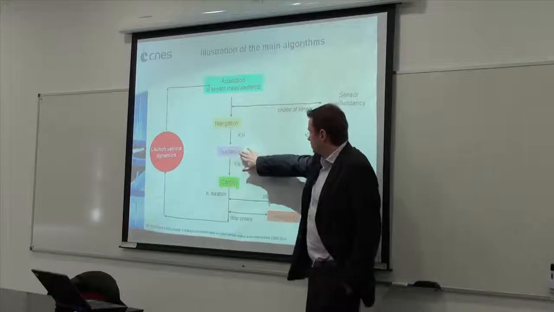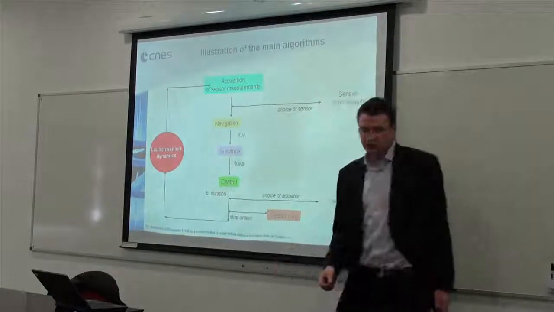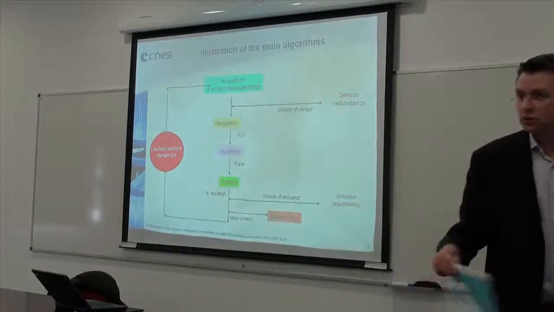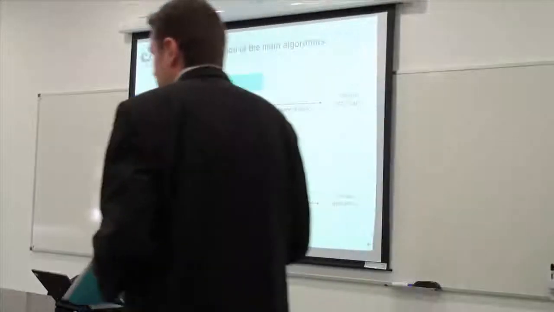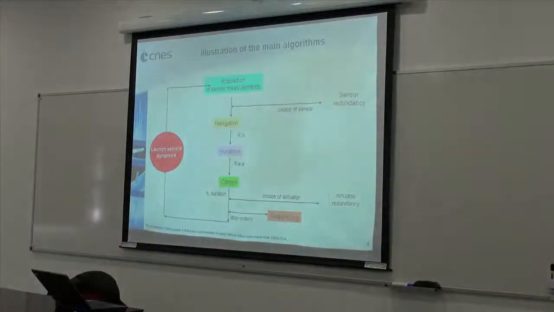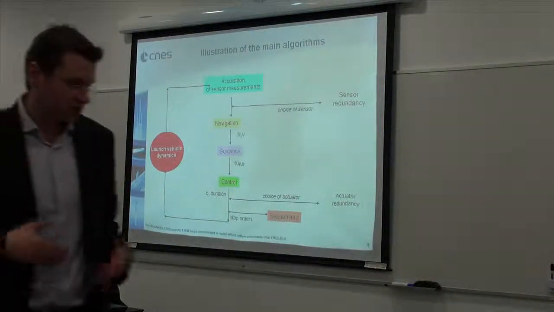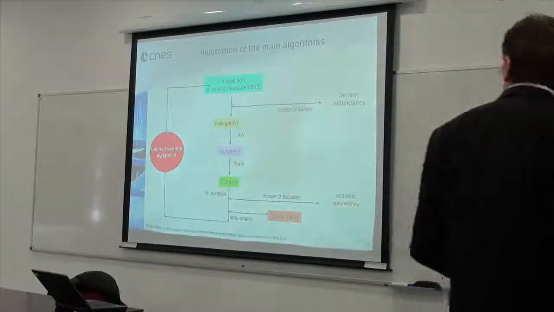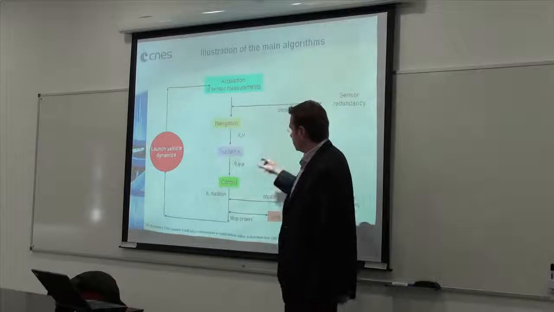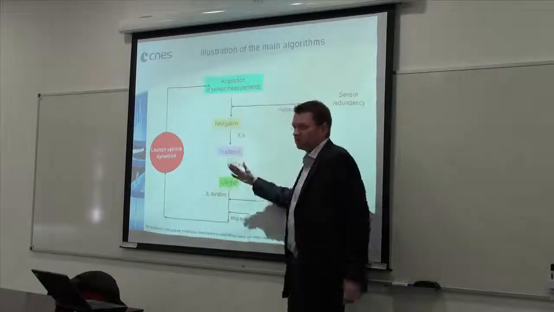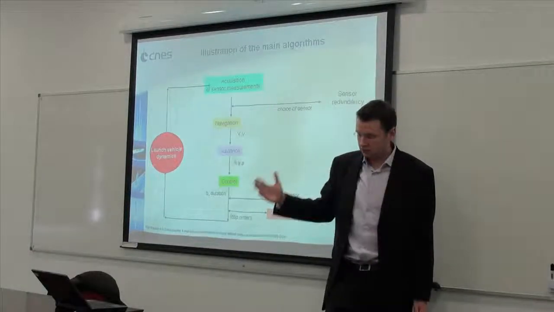Then the guidance, the second function, uses this information in order to re-optimize the trajectory during the mission. The objective is to compensate for the possible errors that have occurred during the flight, the uncertainties, the wind effect and so on, and to re-optimize at each time the trajectory in order to reach the orbit, minimizing the consumption of the launcher.